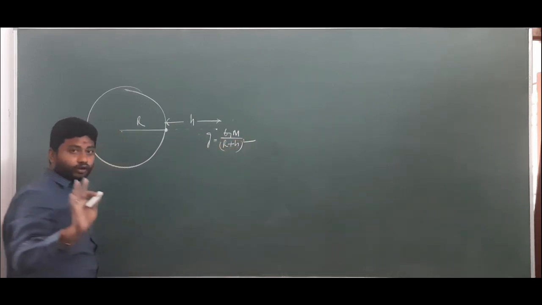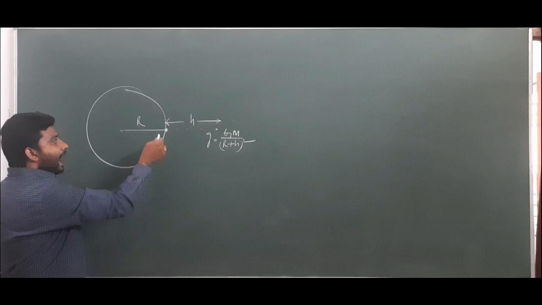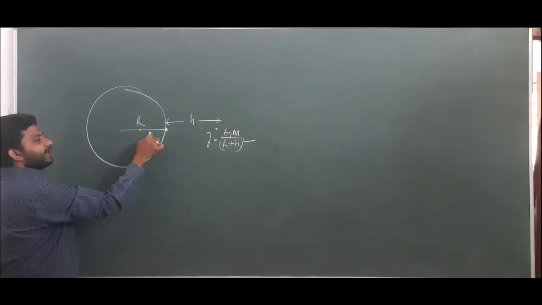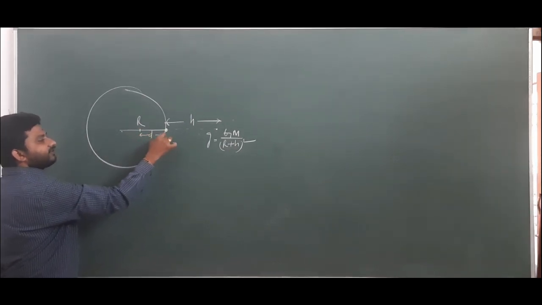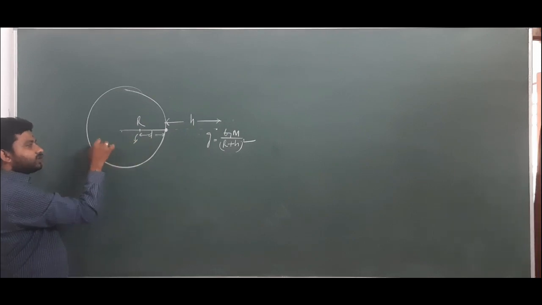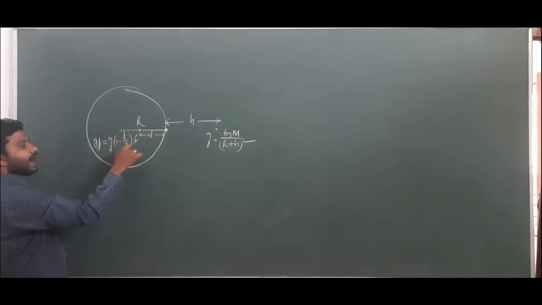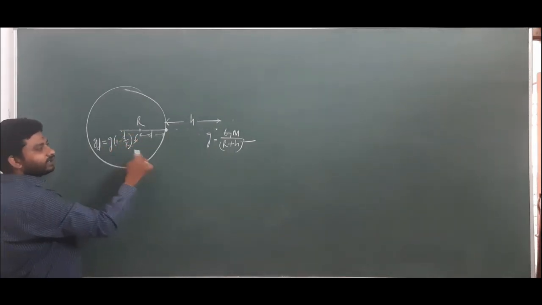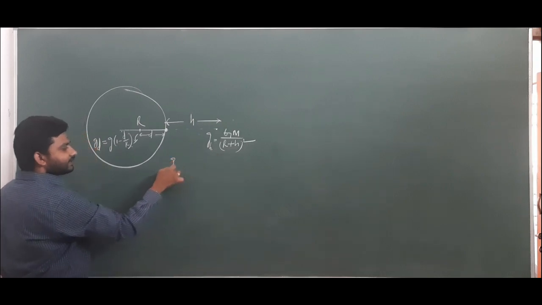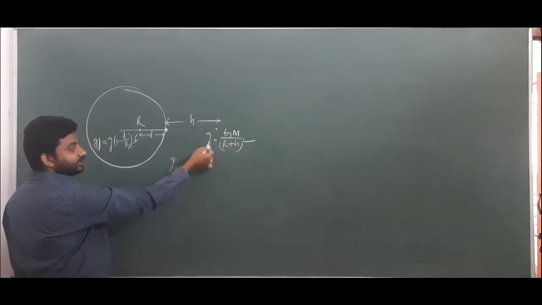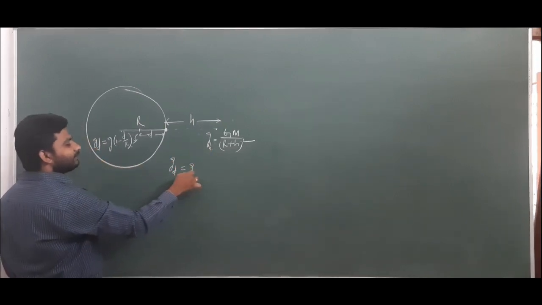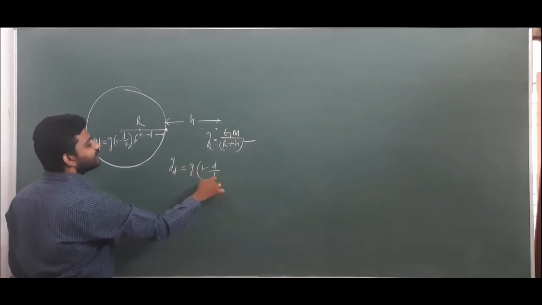So this is the basic formula. At some depth, the value is G suffix D, which is equal to G into 1 minus D by R. So I am writing this value here also. This is at some height and this is at some depth.